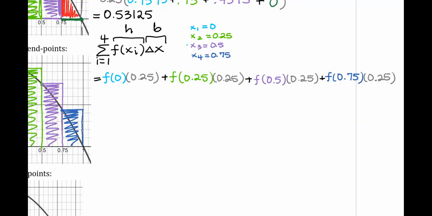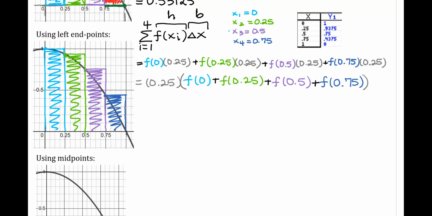0.25. I'm going to factor the 0.25 out from all four of these terms. So this is what we are left with in parentheses, and we will use the same table from earlier. So now you can see why I plugged 0 into this function.